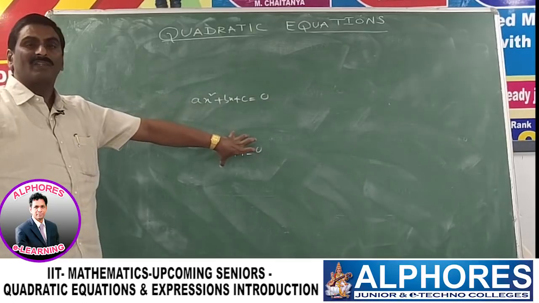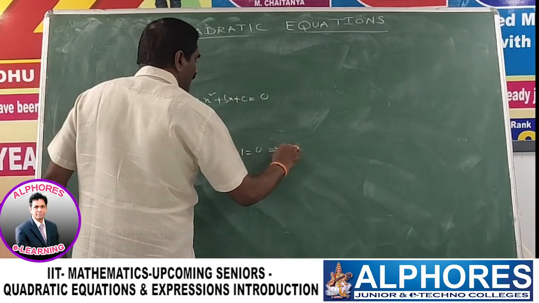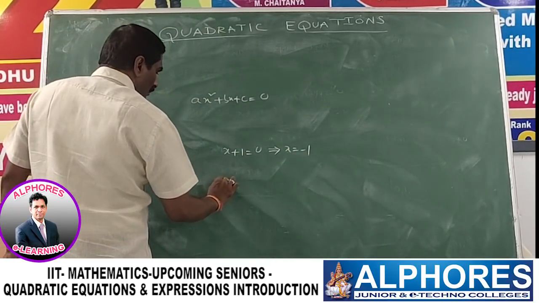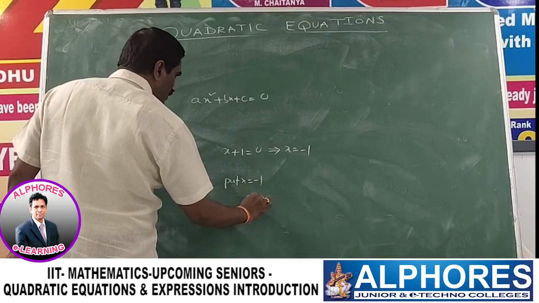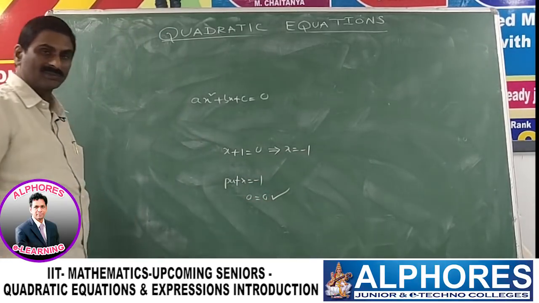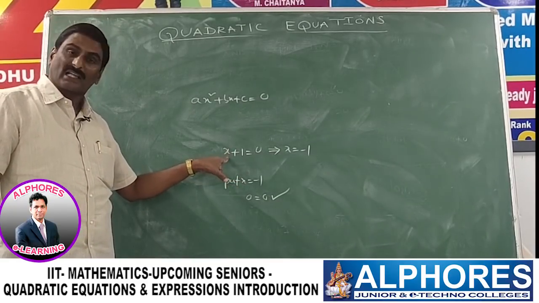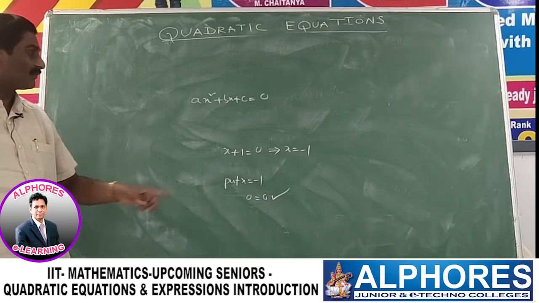What is the solution of this equation? The solution is x is equal to minus 1. Put x is equal to minus 1 in the above equation, we get 0 is equal to 0. It is true. That means the value x is equal to minus 1 satisfies the given equation.